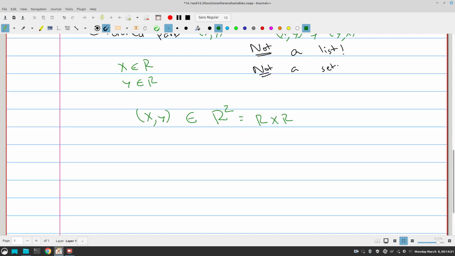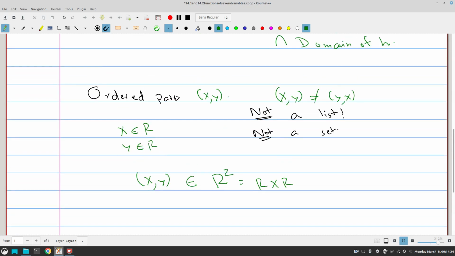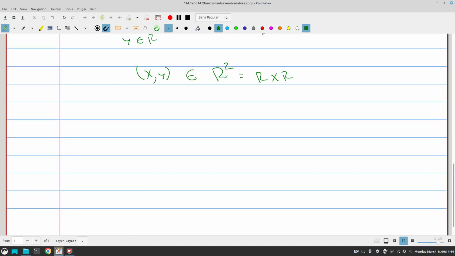The object in the first slot is x, and the object in the second slot is y. Okay, so using this, how do we define a multivariable function? So a function of two variables. How will we define it?